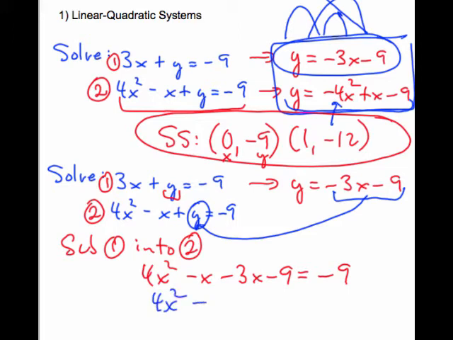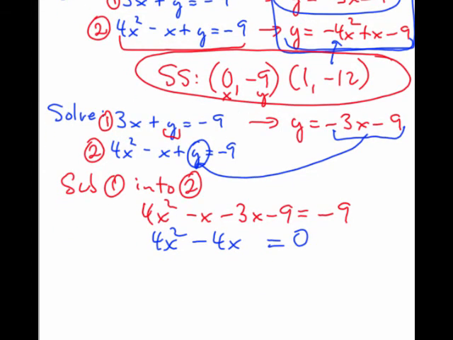So 4x squared minus 4x, if I add 9 I get 0, so that equals 0. And so I can factor this, don't need to use the quadratic formula since it factors nicely. 4x comes out, x minus 1 equals 0, so therefore something times something equals 0.